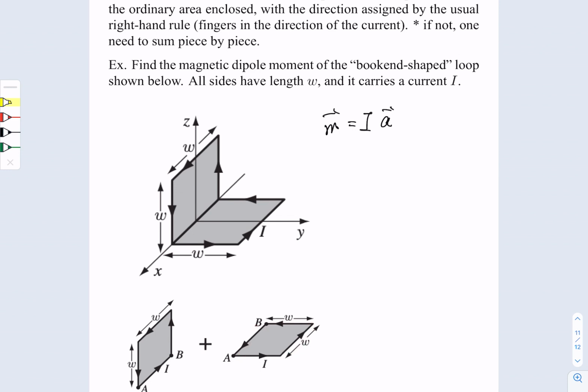Now, because these two surfaces are flat, we can calculate the A accordingly easily.